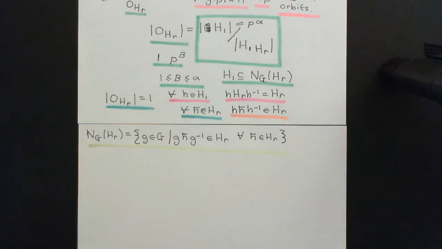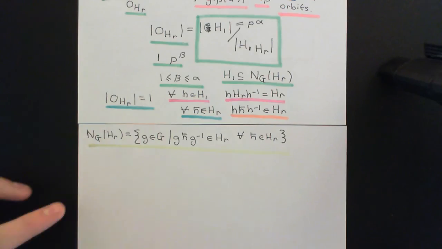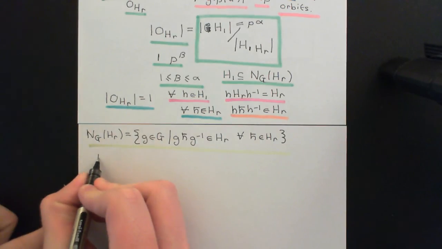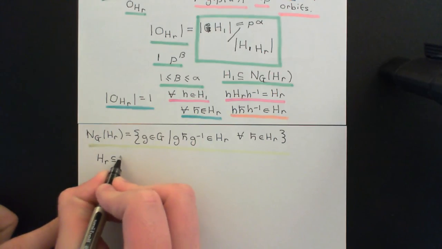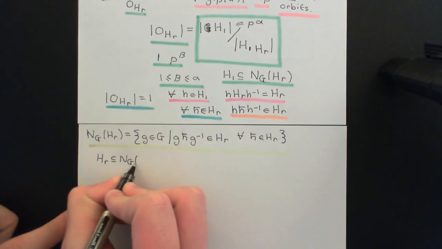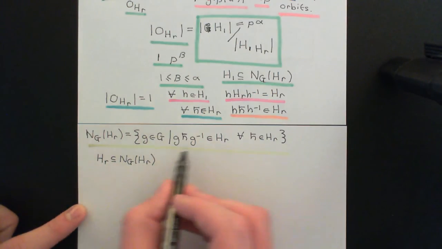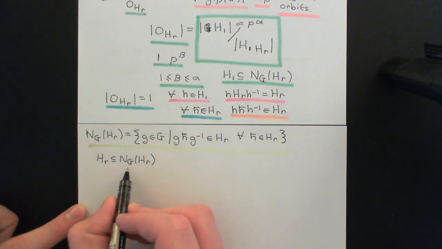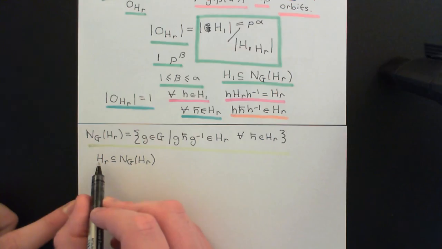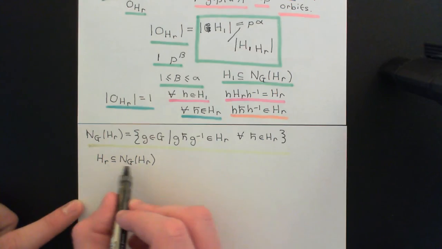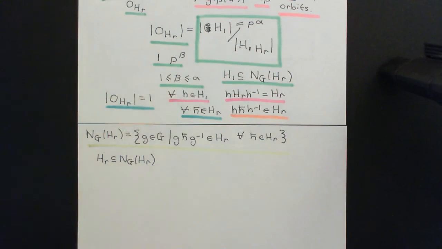Okay, so that now tells me that this Sylow P subgroup, capital H1, is completely contained within the normalizer of capital HR in the group capital G. Now what we will also know is that all of the elements of capital HR are completely contained within the normalizer of HR in G. Now that's true for any subgroup, so whenever you construct the normalizer of a subgroup of the group capital G, you'll always find all of the elements of the subgroup itself are in the normalizer, basically.